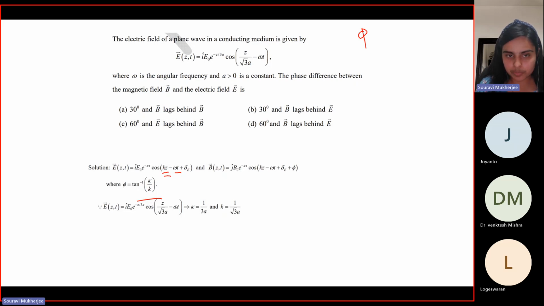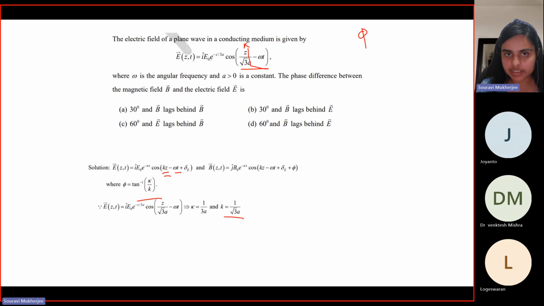Comparing this expression with what you already have, this part gives you the real part of your wave vector, which is k, and that is nothing but 1 by root 3a.